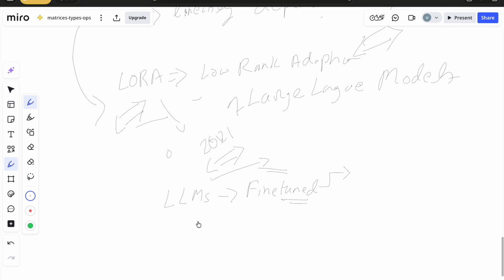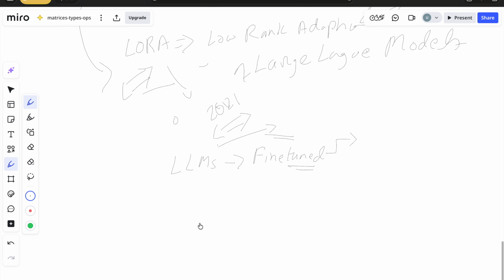But before LoRA, fine tuning required a lot of parameter updation. A large language model like ChatGPT could have close to 400 billion parameters. Basically, fine tuning this large language model meant updating all the parameters that you have.